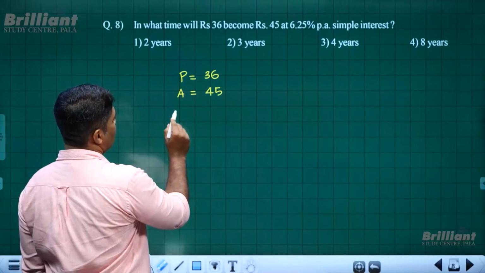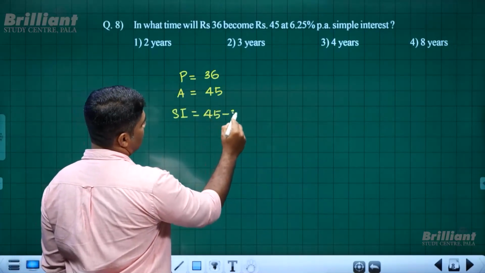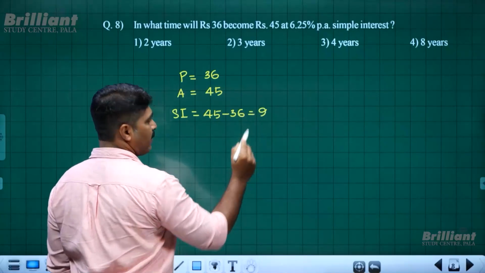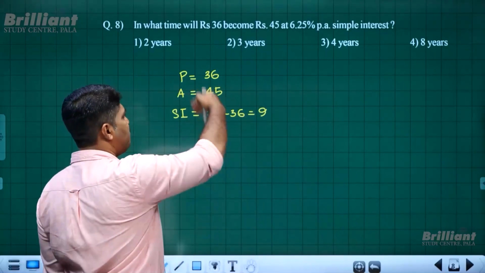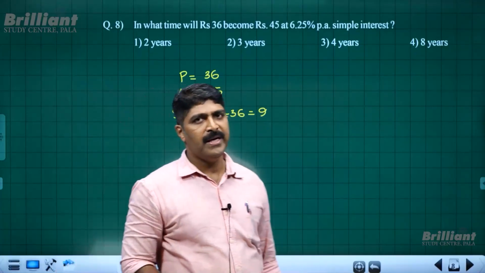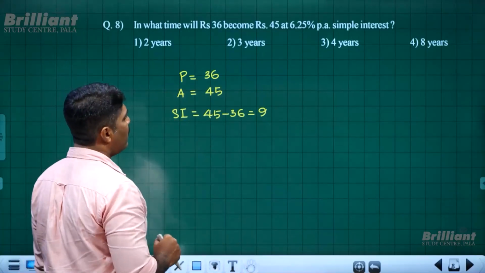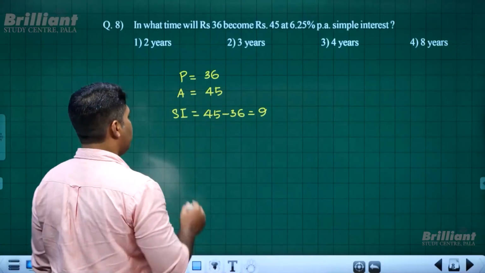Simple interest is 45 minus 36, which is equal to 9. All these values are in rupees. For doing the simplification, you don't want to write down rupees each time. So that is 9.